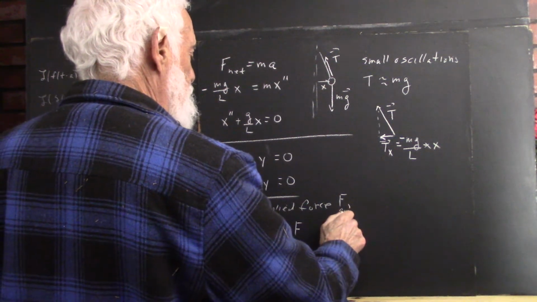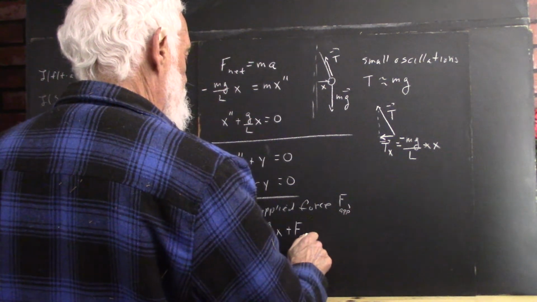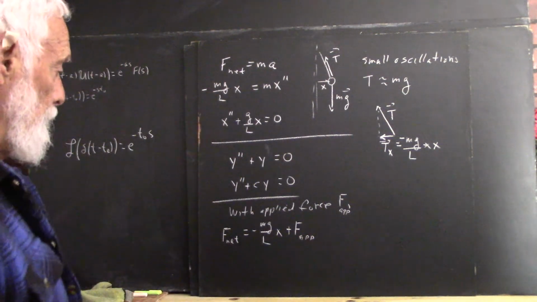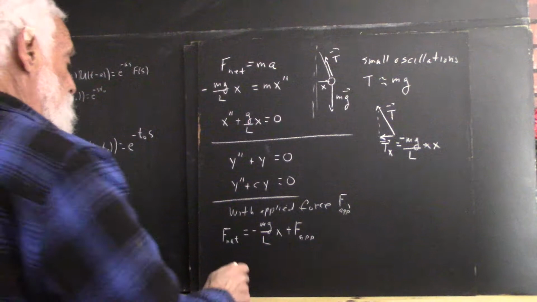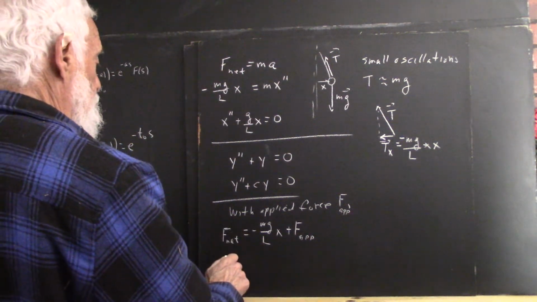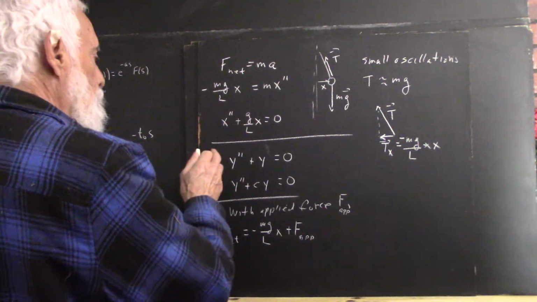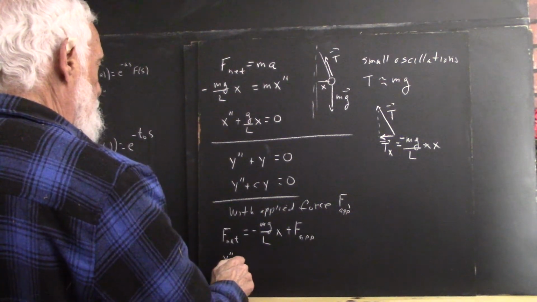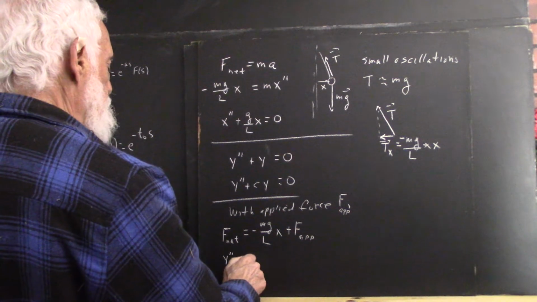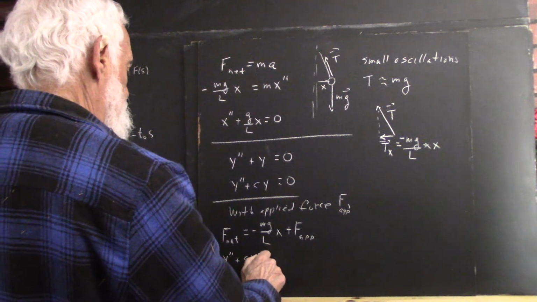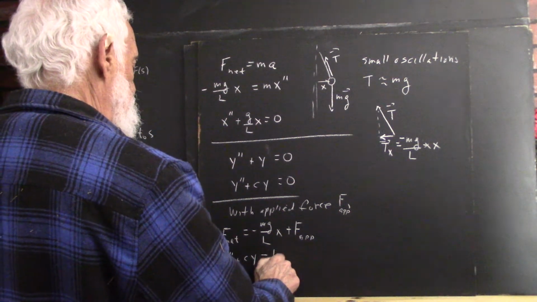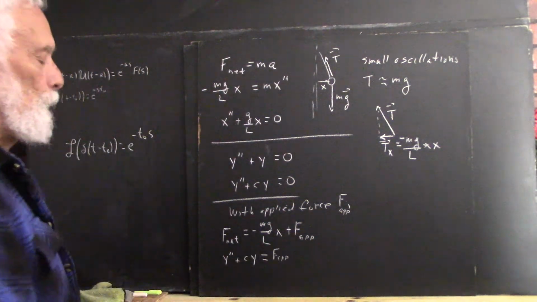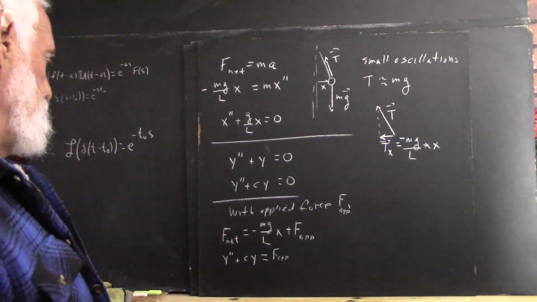And let's put an app on this force for applied, just a subscript to distinguish it from F net. In this case, when you carry out the constants and stuff, you're going to get y double prime plus some constant times y equals your applied force. And now you have driven harmonic motion.